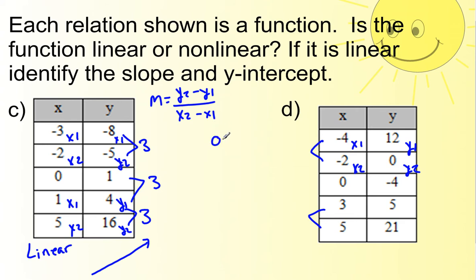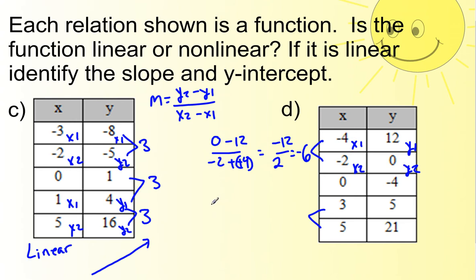So we got 0 minus 12 over negative 2 minus negative 4. Keep, flip, change. Gives me negative 12 over a positive 2, which is a slope of negative 6. All right, so far, between these 2 points, I found a slope of negative 6.